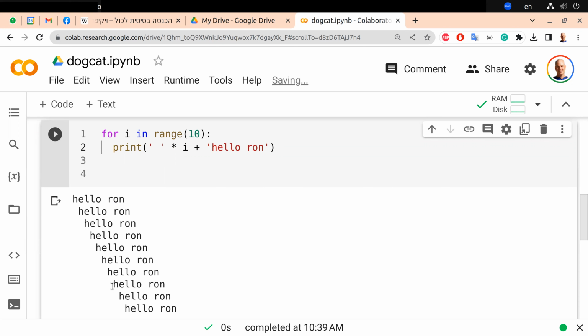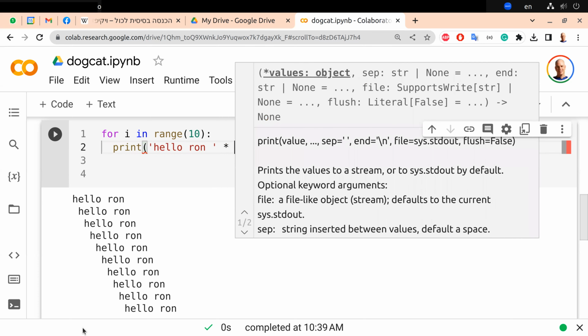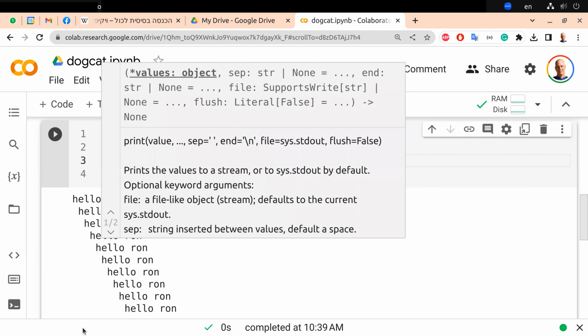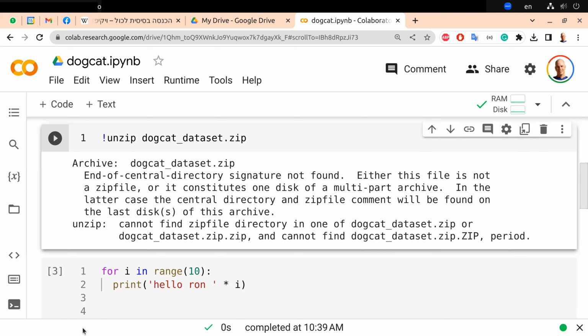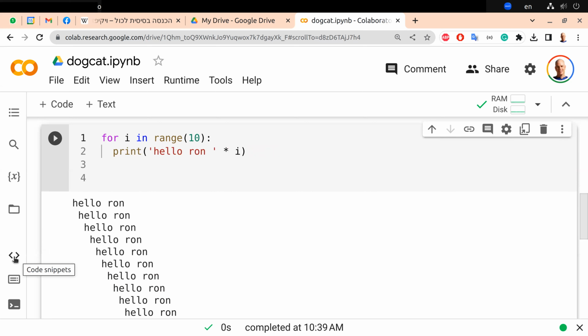I multiplied the space. But let's do what you suggested. You suggested something like hello Ron, 10 times. I times or 10 times? What do you want? 10 times. Okay, written, so let's run it again.